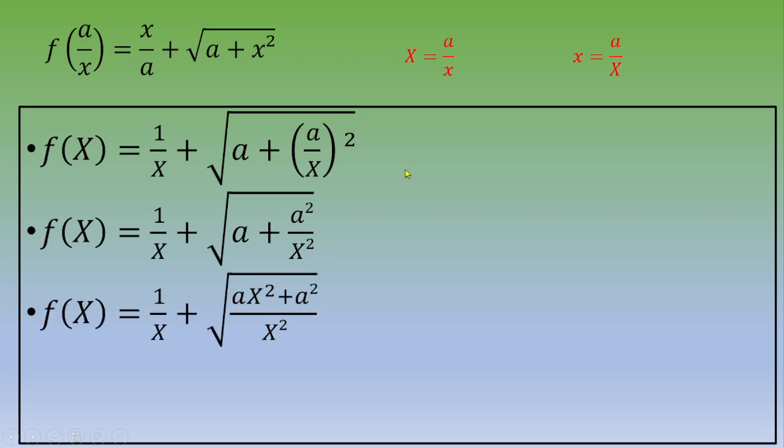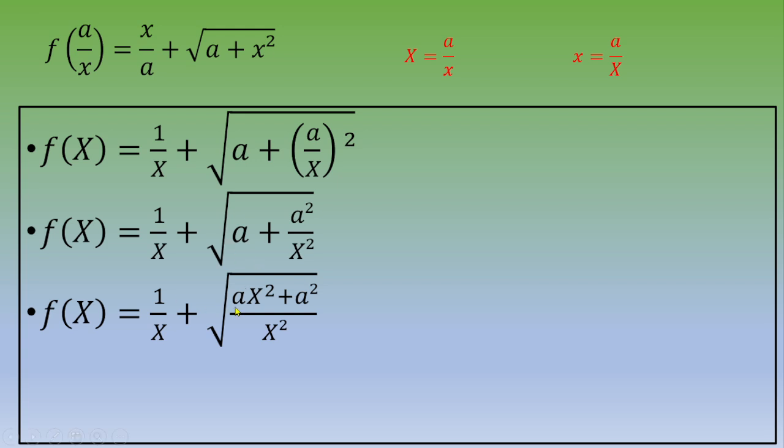So we end up with f of capital X equals 1 over capital X plus the square root of a capital X squared plus a squared, over capital X squared. So now let's do two things.